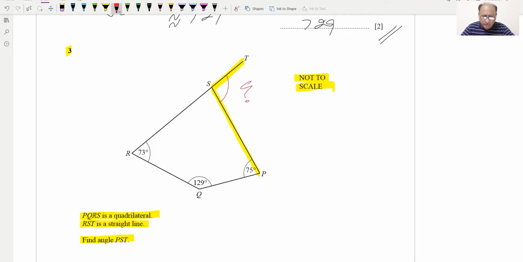So how can we find this? We know that a quadrilateral has 4 interior angles, so the sum of interior angles of a quadrilateral is 360 degrees. So we can write angle PSR is equal to 360 degrees minus the sum of the other 3 angles, so 73 plus 129 plus 75.